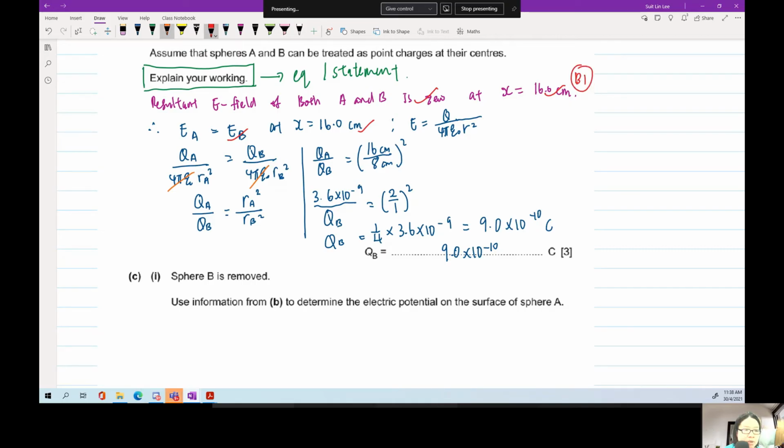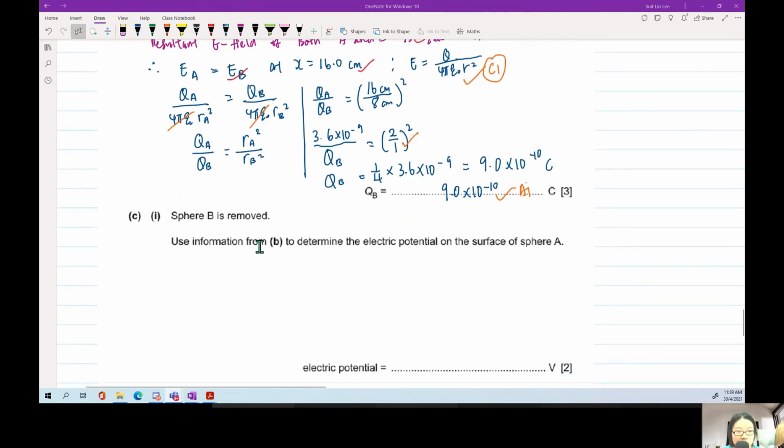Okay, B2 would be when I see this equation together with the substitution. So not just this equation, I need to see this equation and I need to see this substitution, some form of this. And then final answer is A1. Okay.